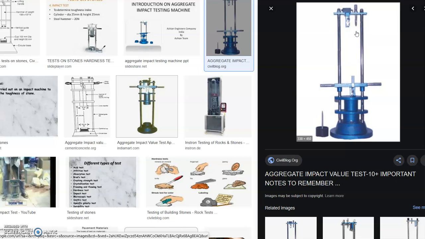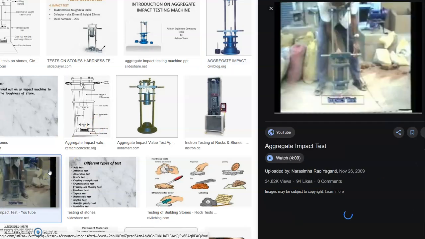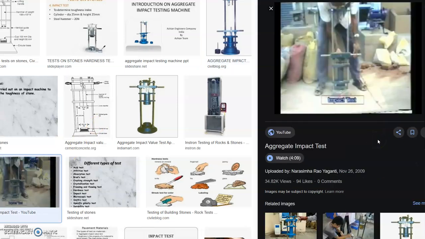So to test whether the aggregates are suitable for road construction or not, people rely on this impact test. So this impact testing machine can also be understood like this. People put the aggregate in this hollow chamber and lift it up. Then suddenly they drop it down, some 25 times.